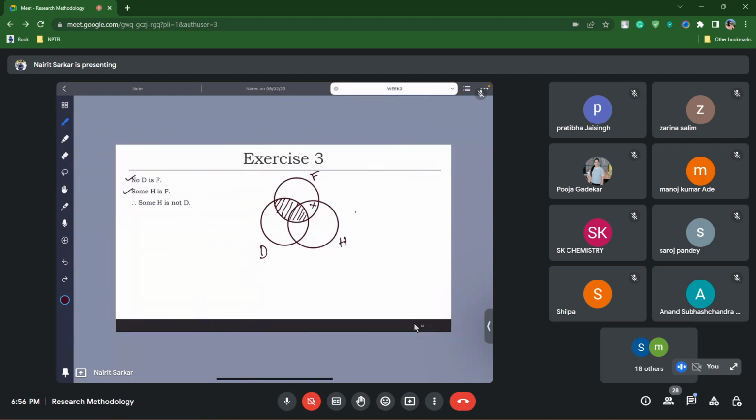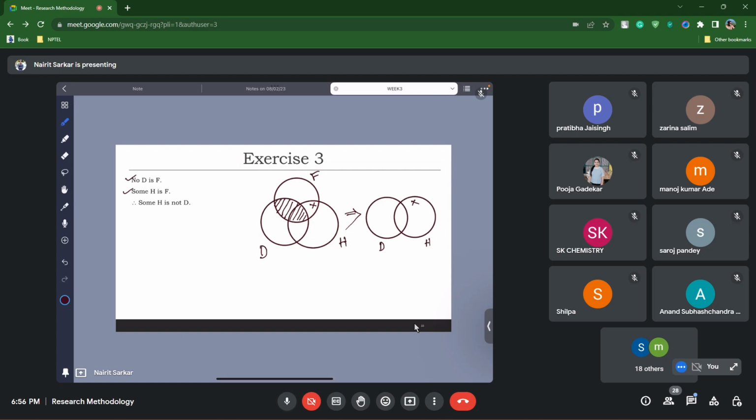If we remove the F section from here, it will look like H, D, and here X, right?